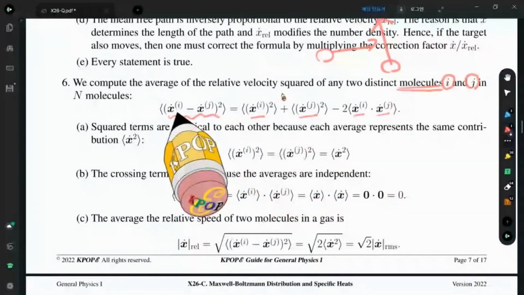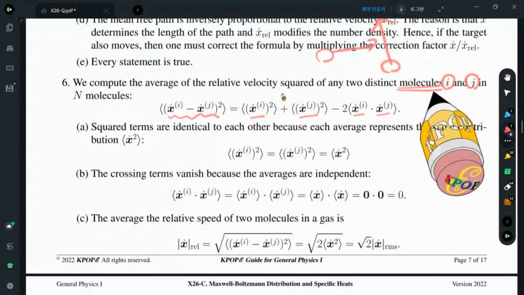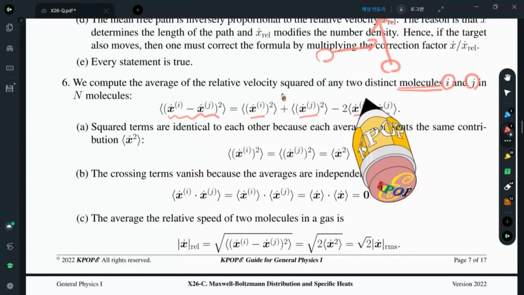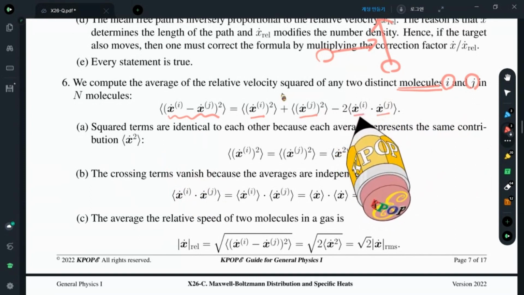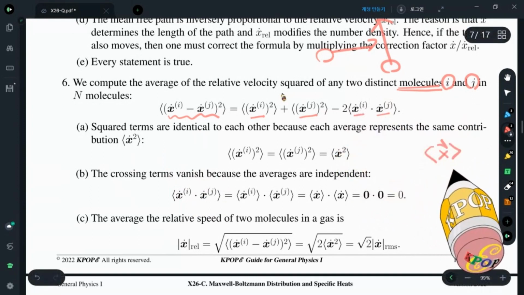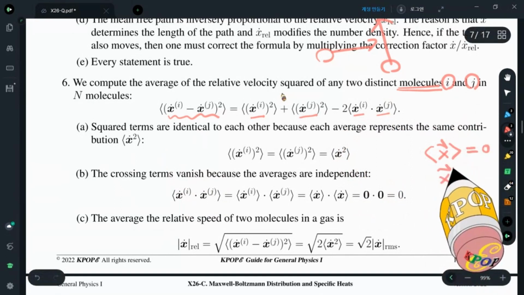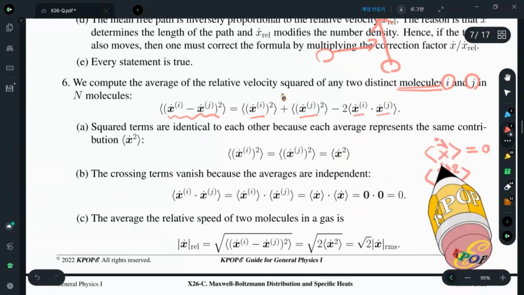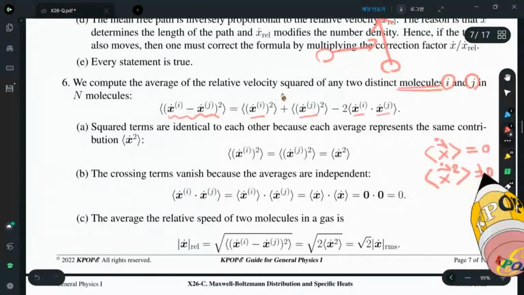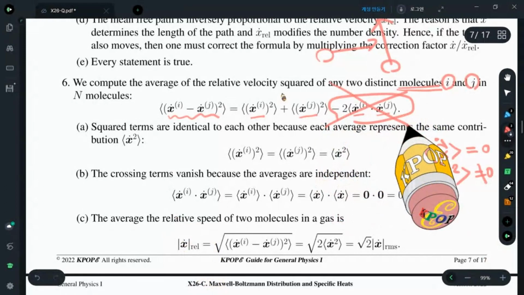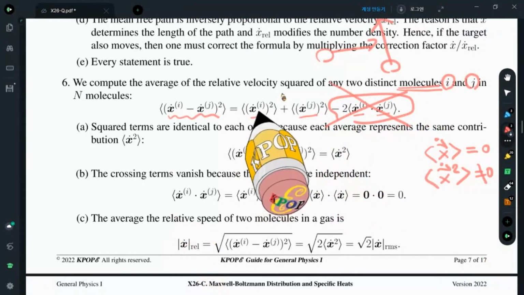However, the two molecules are independently distributed and randomly distributed. We remember that the velocity average of a single molecule is always zero, while its square is non-zero. Therefore, this contribution completely disappears.